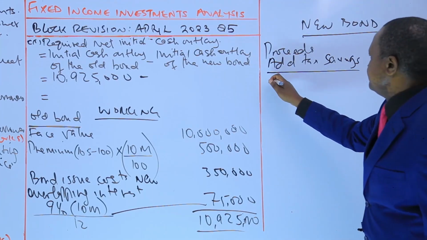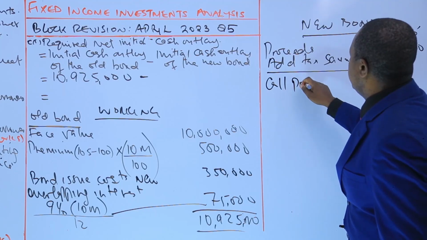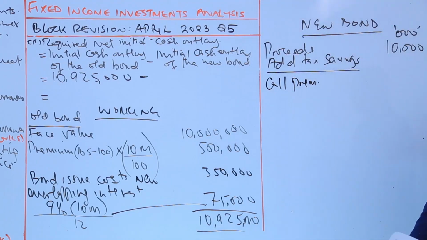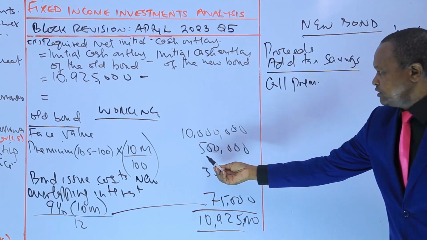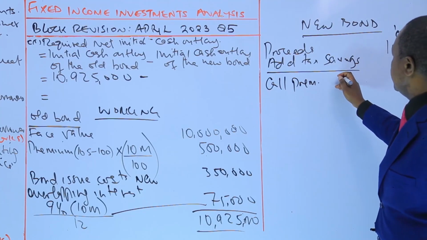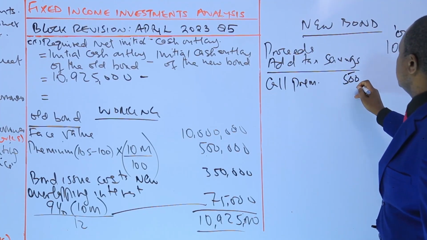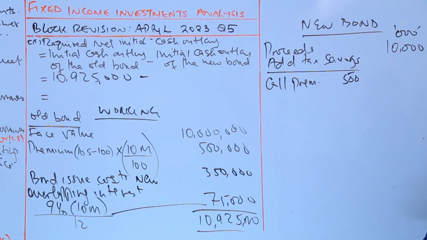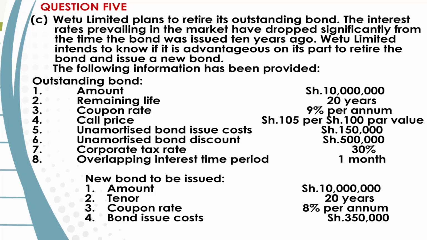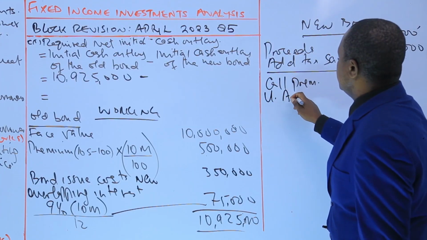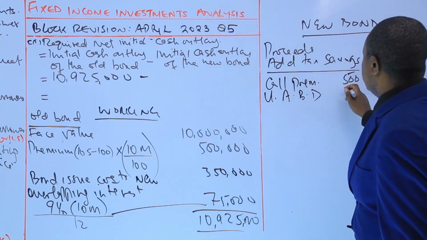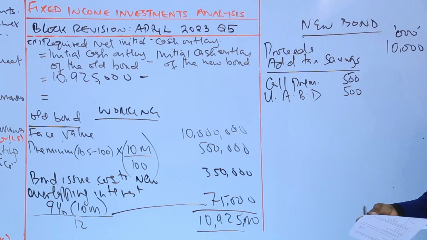Beginning with the call premium, we calculated it. The call premium is 500,000. We add the unamortized bond discount, that is item number 6, which is again 500,000.